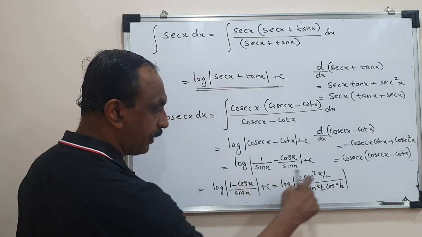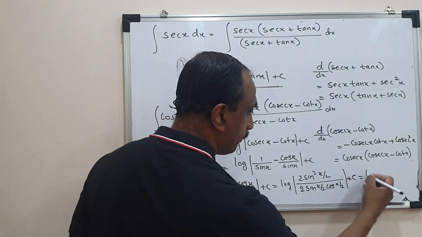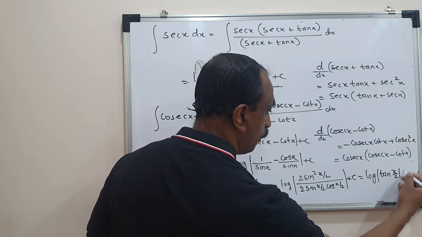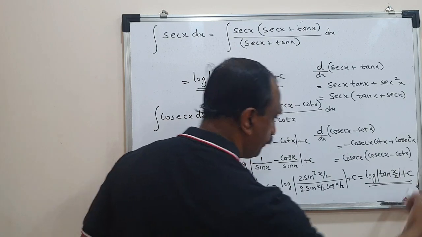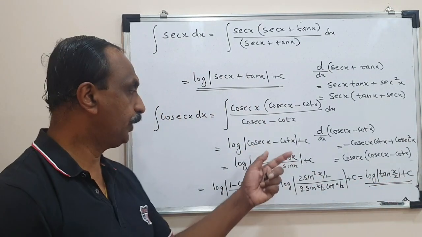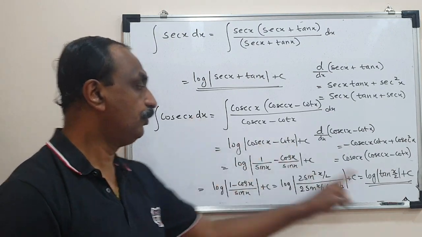Here I applied the 1 minus cos theta formula, and here I applied the sin 2 theta formula. You will notice that this became log of tan x by 2. This is a very short formula, so we often use it. You can use either this formula or that one. You need to see whether you want to keep the angle the same or vary it.